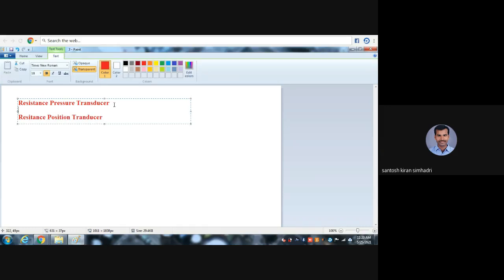Okay, resistance pressure transducer. This resistance pressure transducer has some other extension, that is called sensitive diaphragm. Okay, diaphragm.